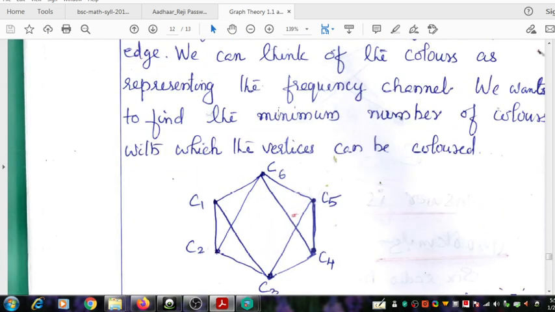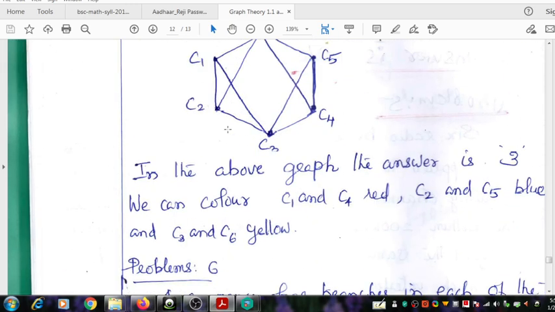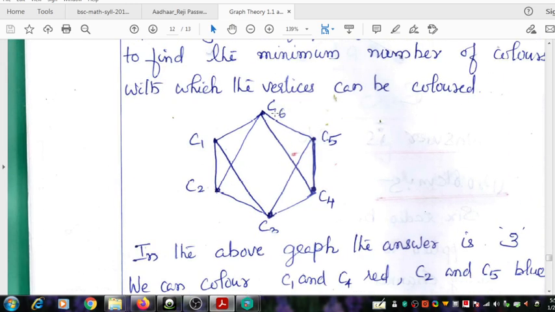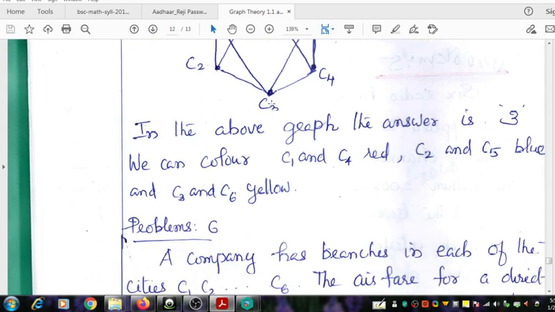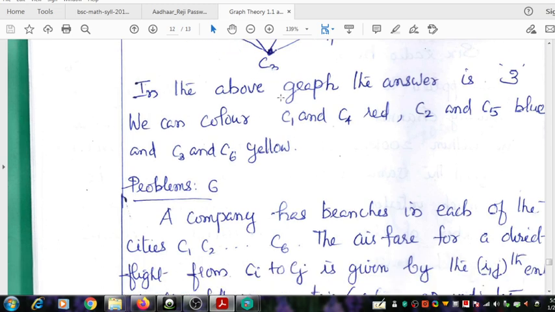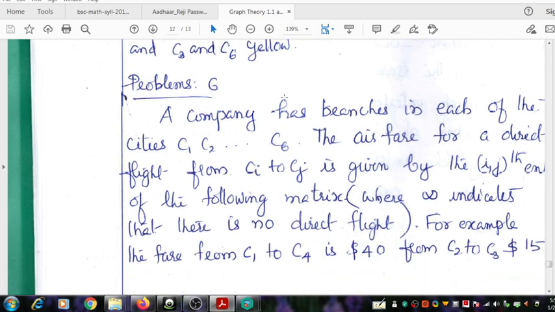If they are at a distance of less than 200 km, then the frequency interference takes place, and this way you can convert it into a coloring problem. Coloring is also a wide area in graph theory, and it needs much deeper attention and serious study. Now, problem 6.